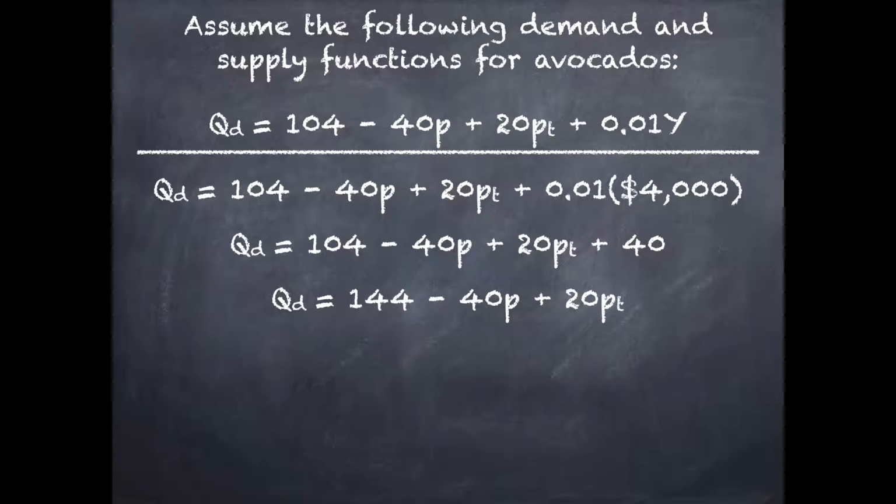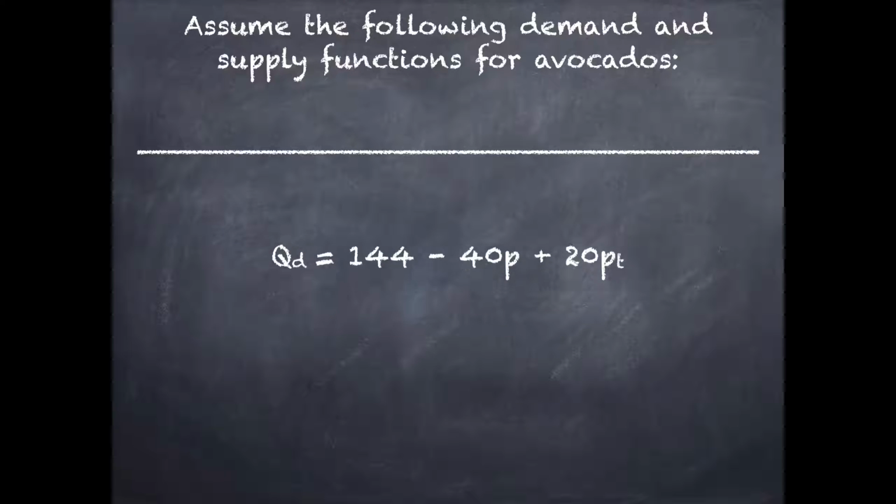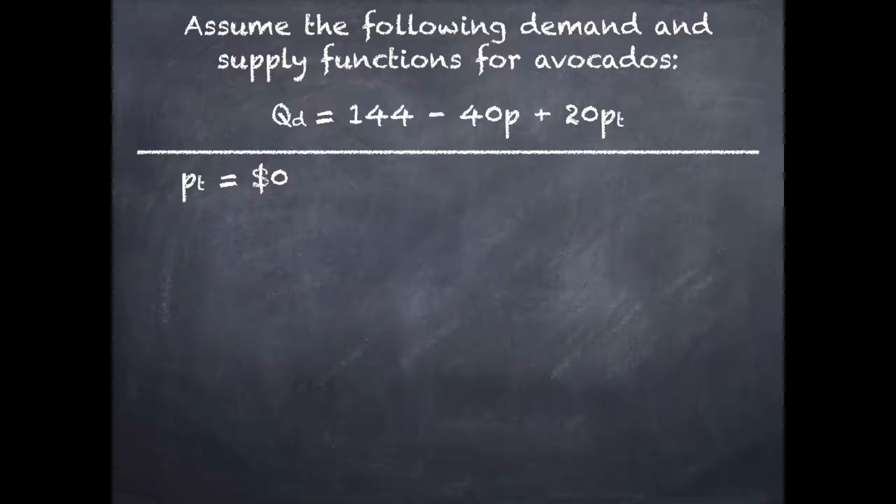And that gives us a demand function where QD is equal to 144 minus 40p plus 20p sub t, which is the price of tomatoes. So that is our demand function when we hold income constant at $4,000. So there's the demand function we're working with.